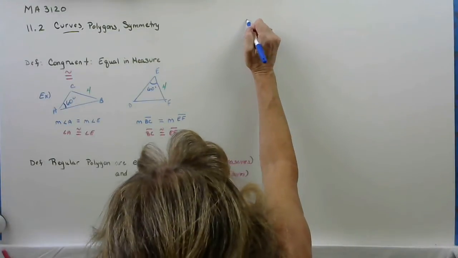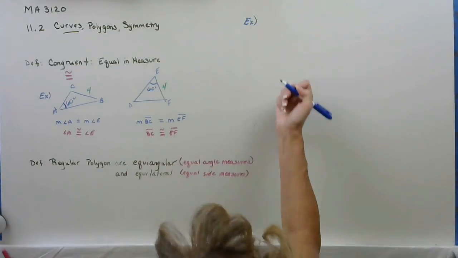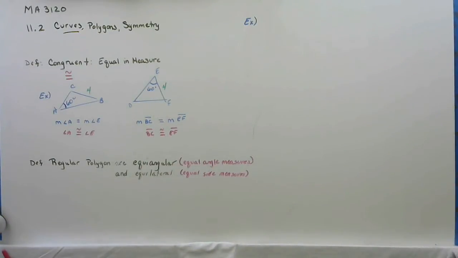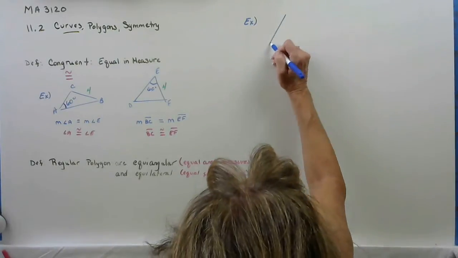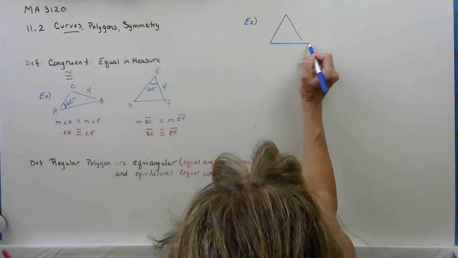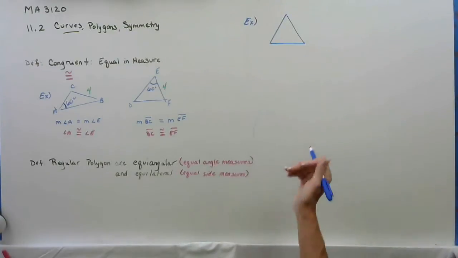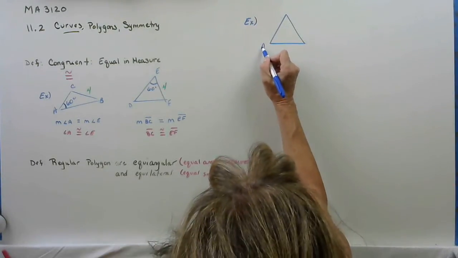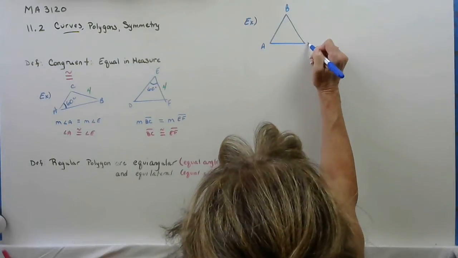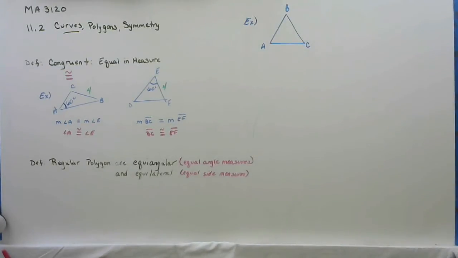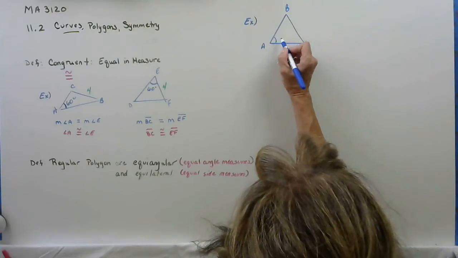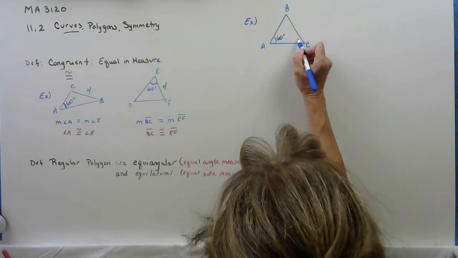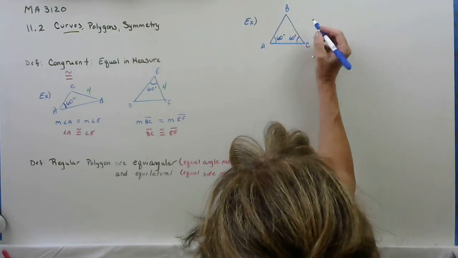We talked about polygons. Let's talk about our smallest polygon. Let's say I give you this one. I'm just going to tell you this is triangle ABC. And I'm going to tell you that all three angles measure 60 degrees.